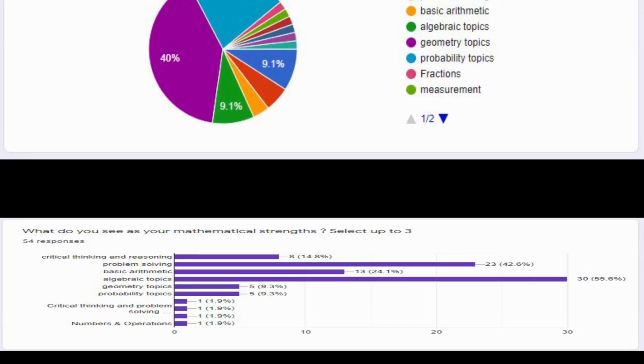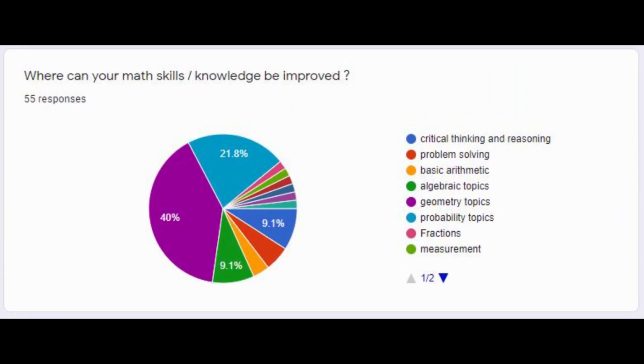All right, we're examining the data, and you were asked, where can you improve with your math? And again, look at that, a whopping 40% want to improve at geometry. They know that they can, they want to.